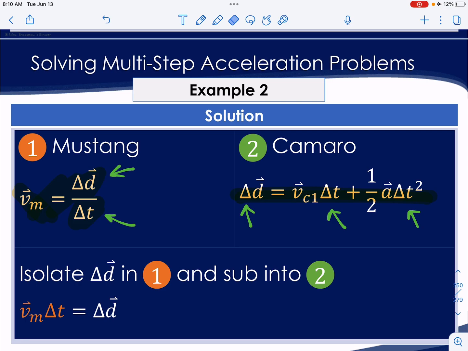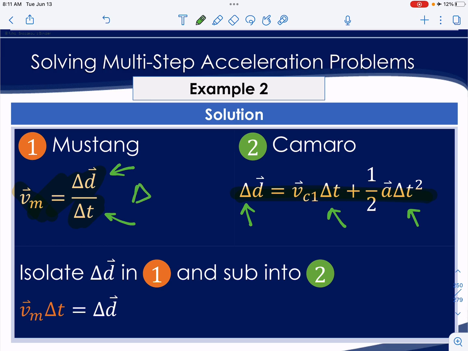So when you isolate delta D, here you could solve this for delta D. We can multiply both sides by delta T, right? And so you would have delta D is equal to Vm delta T, right? Which is right down here.